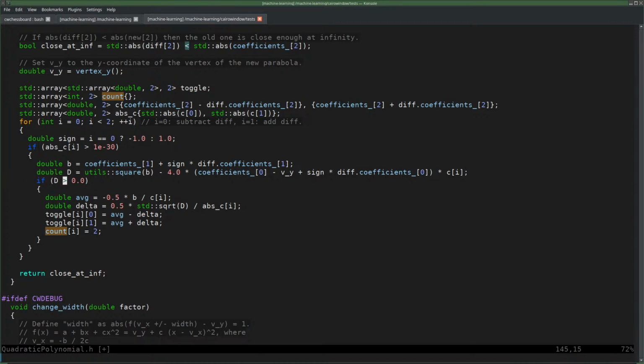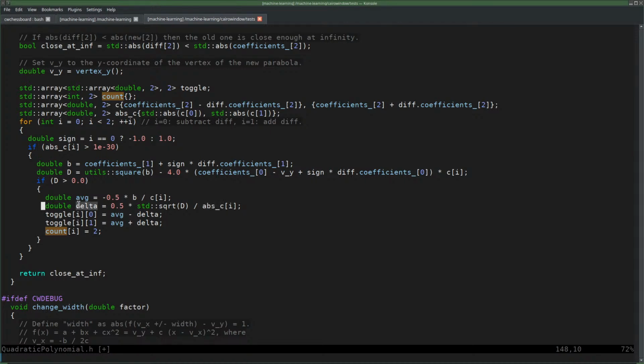And then if the discriminant is larger than 0, then we have two solutions. The average is minus a half times b divided by the c coordinate, which was calculated up here already. And the delta is then a positive value, therefore I use the absolute value and plus a half.